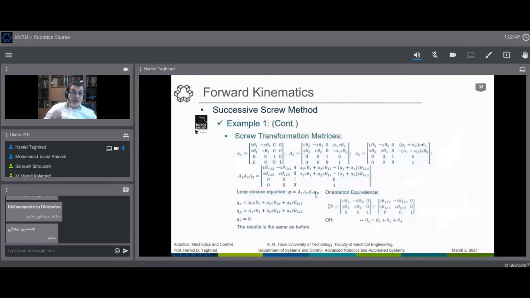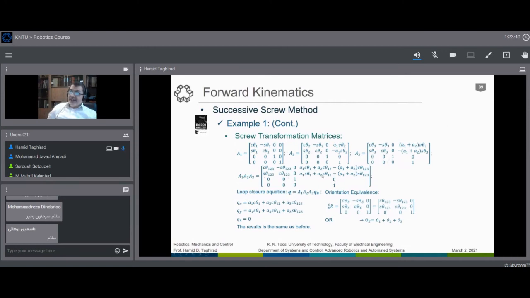And this is the power of the screw representation. A1, A2, A3 times Q0 gives you a general Q. We have theta 1, theta 2, theta 3 on a reference position. Then it will give you a general motion position because of the power of the screw representation.